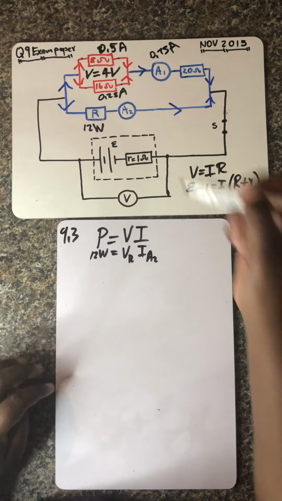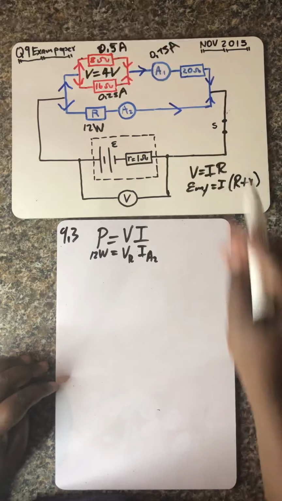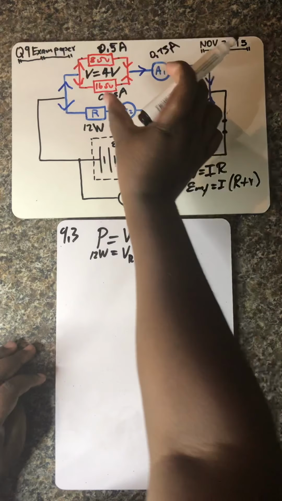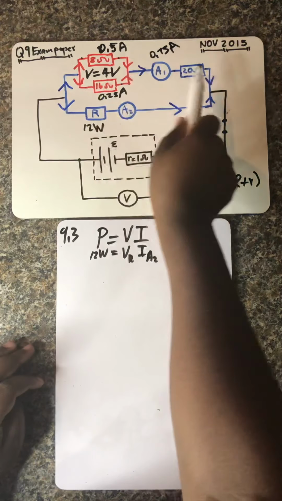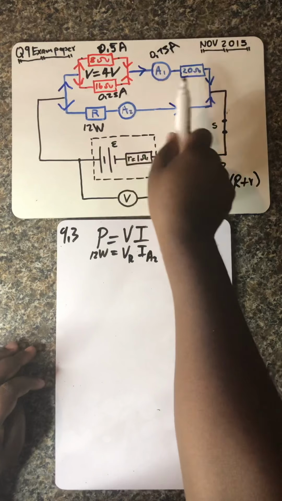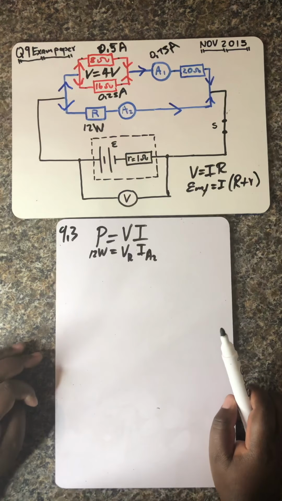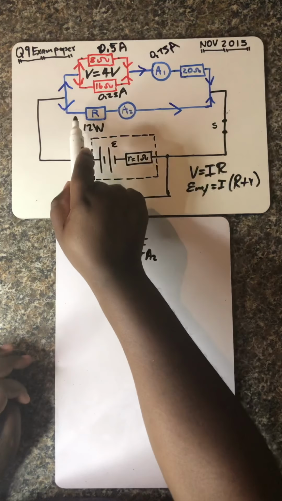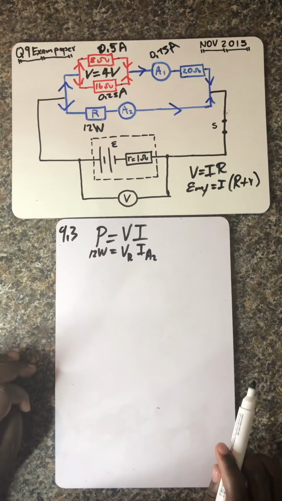Okay, remember we've got a V for this branch. Okay, so if we calculate, if we combine the voltage of these two resistors, okay, so we can still apply the same rule where the V of this combination will be the same as the V of R. I'm not sure if you remember, guys.